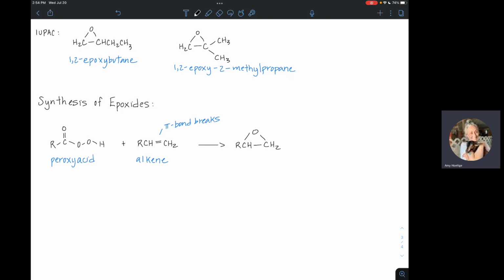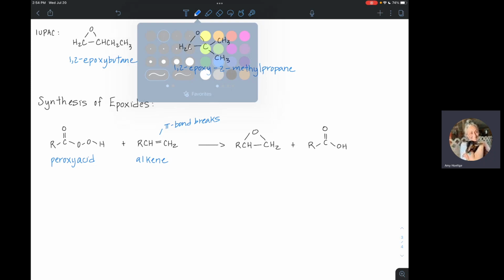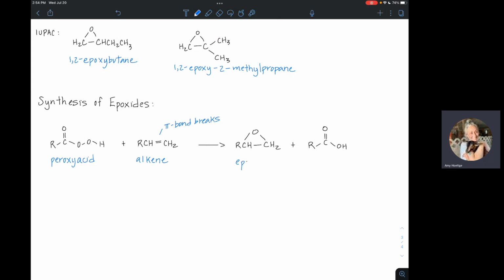The leftovers are just going to be the carboxylic acid minus 1 oxygen. So that will be your byproduct. So here you get your epoxide. And this is just your carboxylic acid.